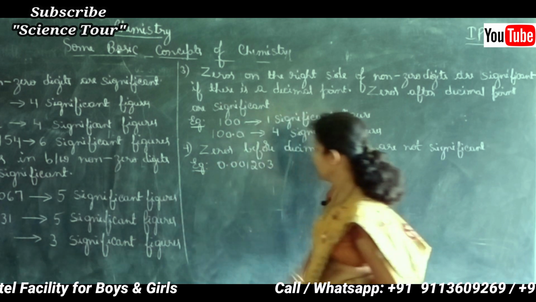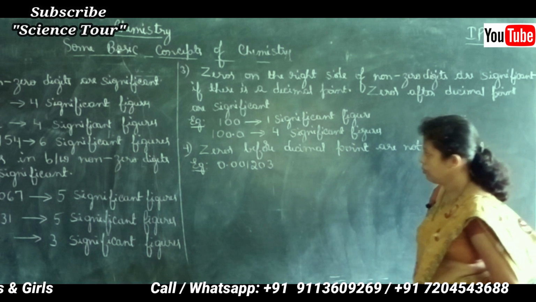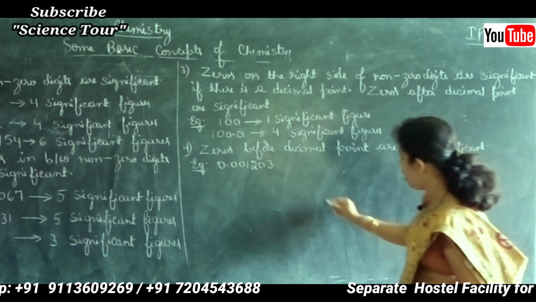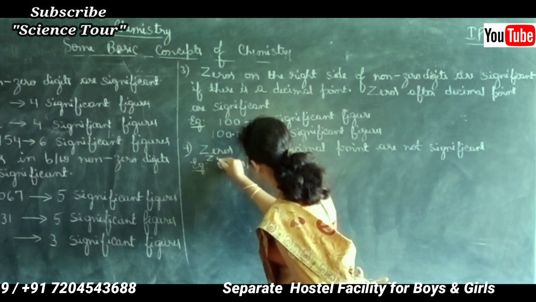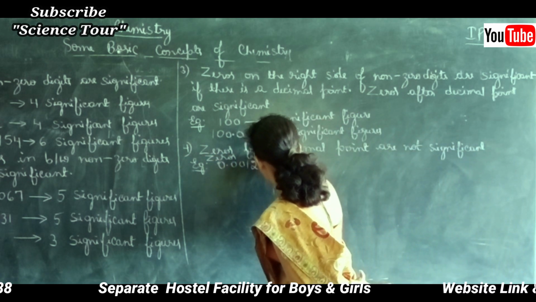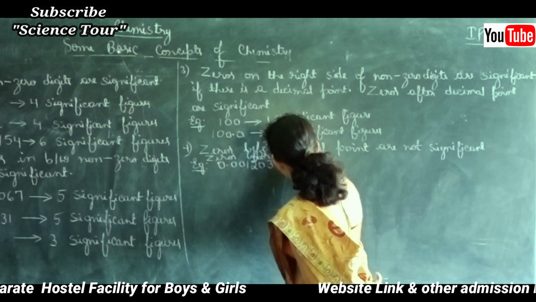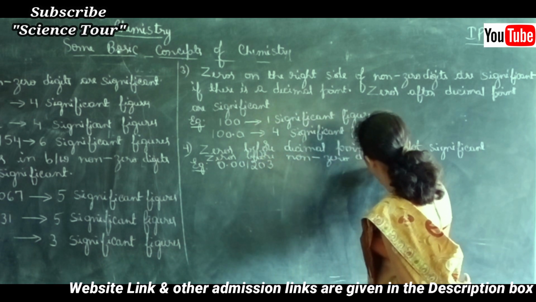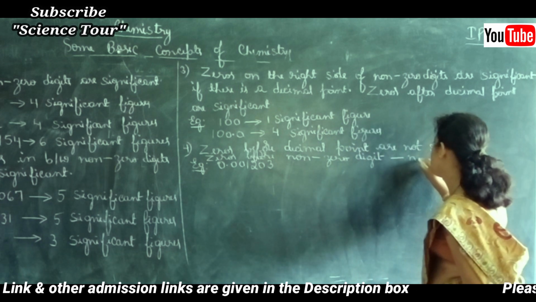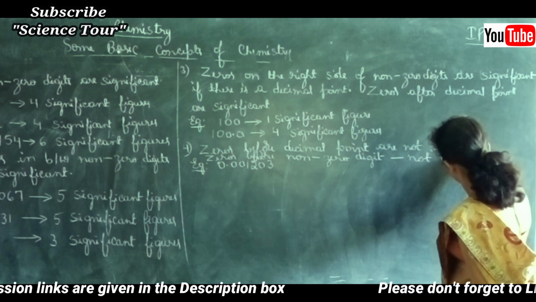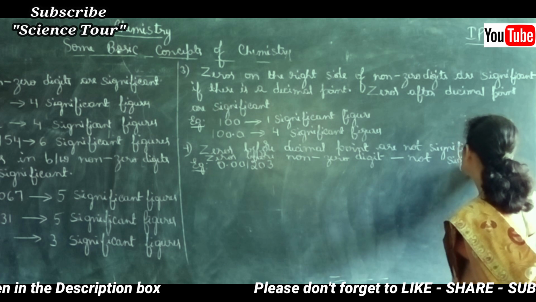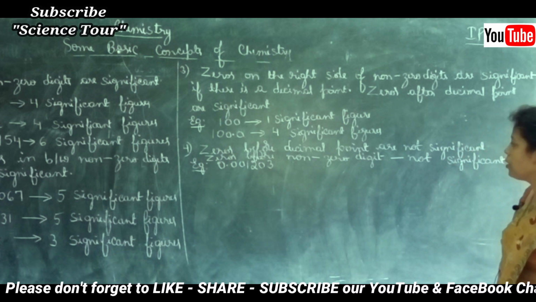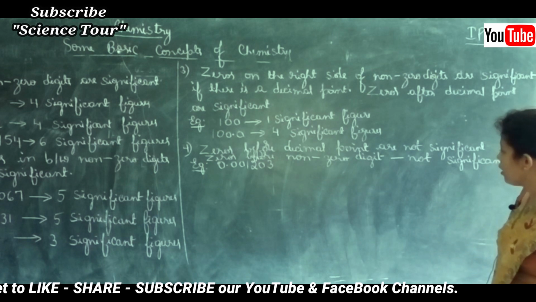0.001203. Let's take this number. Zeros before the decimal point are not significant, and zeros before a non-zero digit are also not significant.